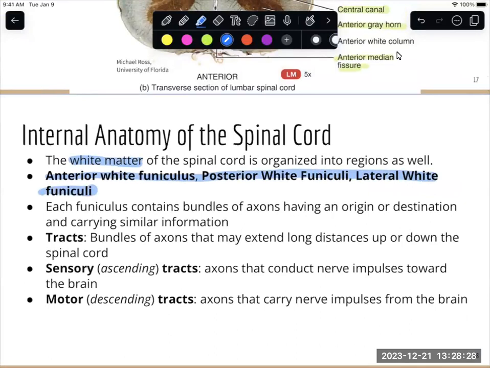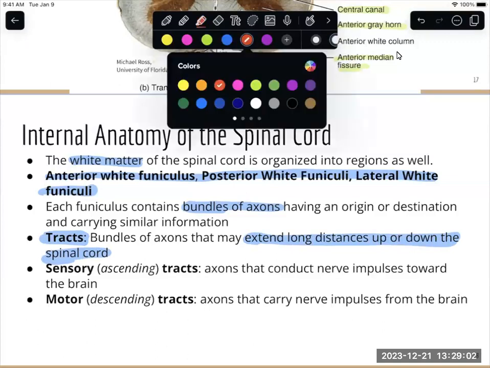What these funiculi are, they are bundles of axons that are traveling in tracts. These tracts are pathways for the neurons that are sending information up to the brain, or where the brain is going to send information down to go to your skeletal muscles, smooth muscle, or glands.